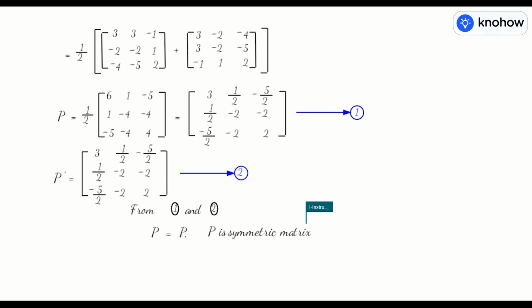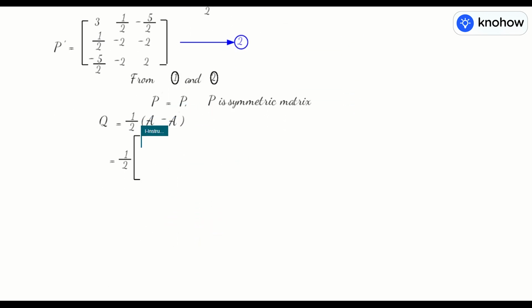Now let us work out the second matrix Q, defined as half A minus A dash. Substituting the value of A and A dash. What is the value of A?